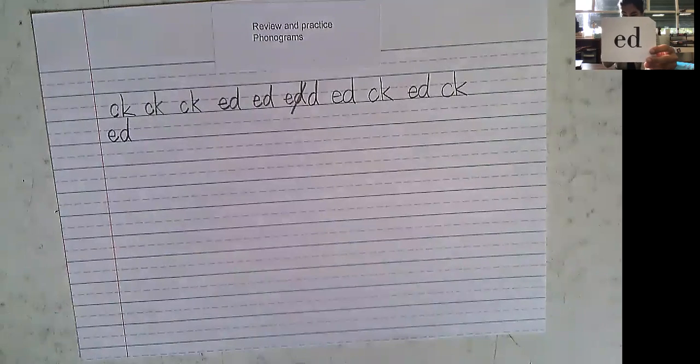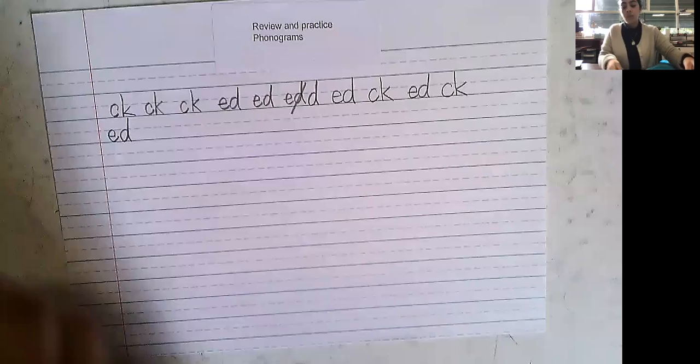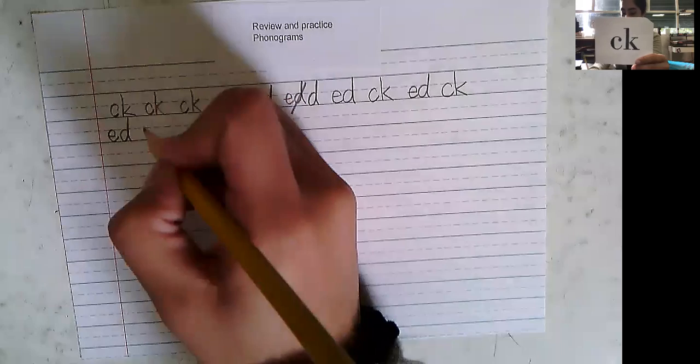Write it down. Two-letter k, used only after a single vowel, which says a, I, a. Say with me. K. Write it down.